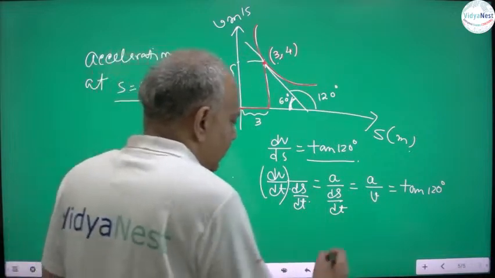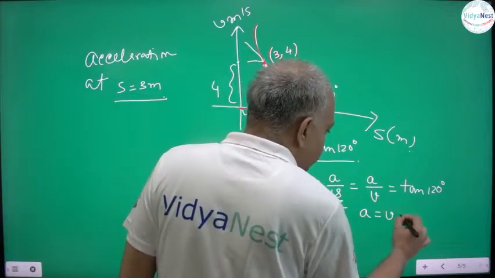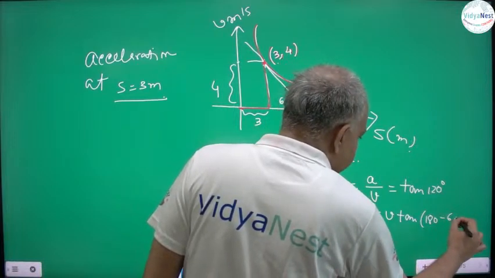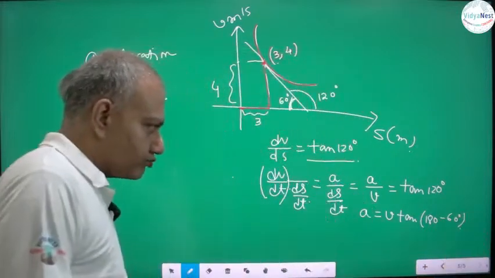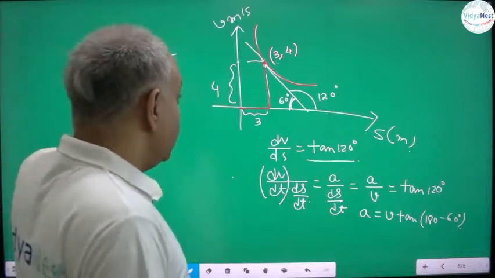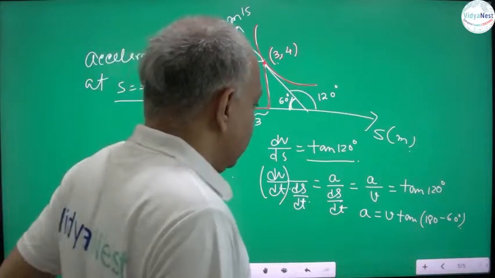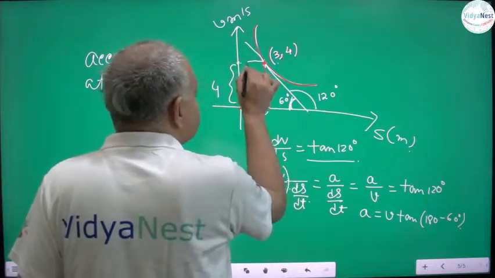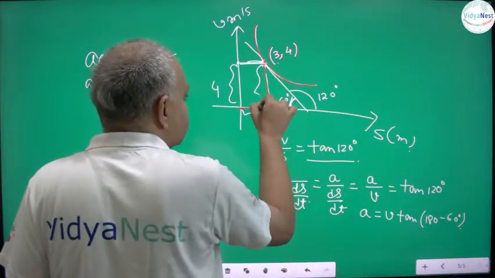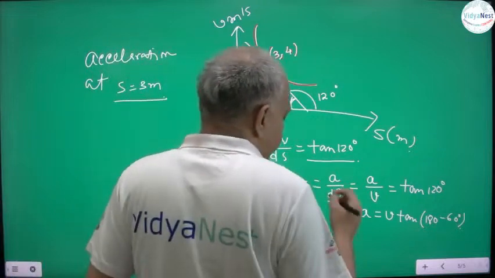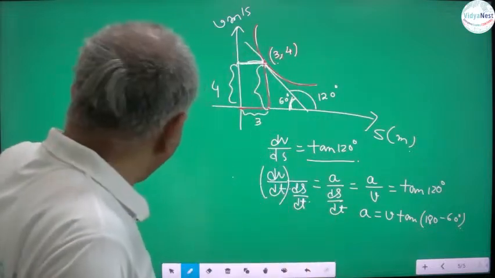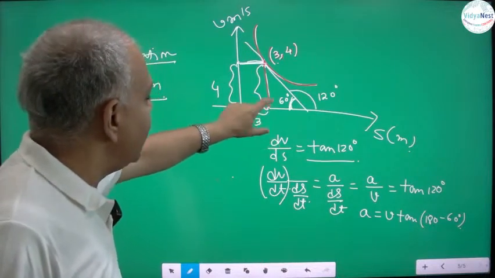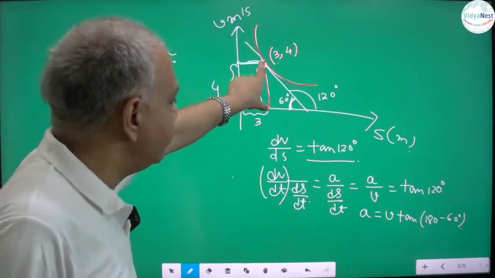Then acceleration is equal to v into tan of 180 minus 60 degrees. You can see that when the displacement is 3, the velocity value is 4. Because they told us to find the acceleration when the displacement is 3 meters, I can take the velocity value as 4.